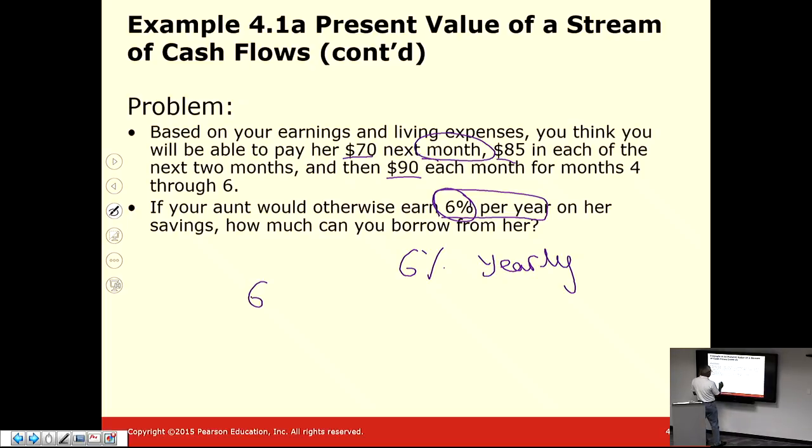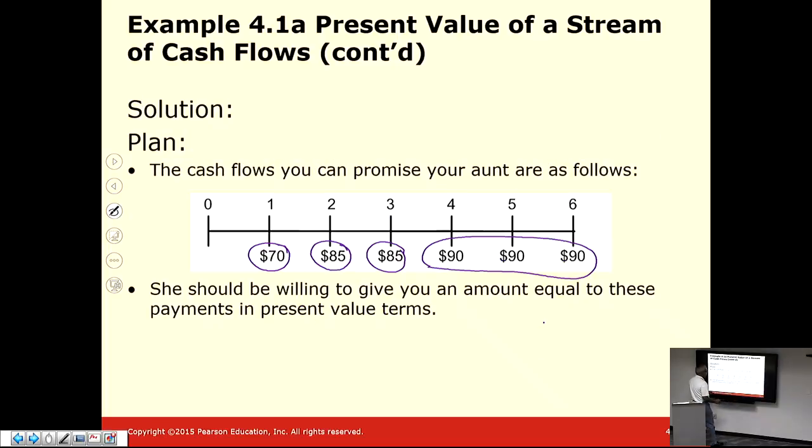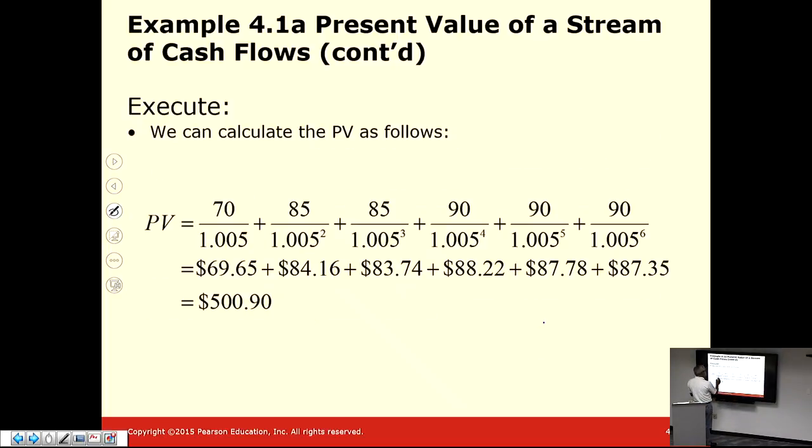So I have to take the yearly interest rate and divide it by 12 months, which would be 0.5% monthly. And then I can apply the same process that we did before.